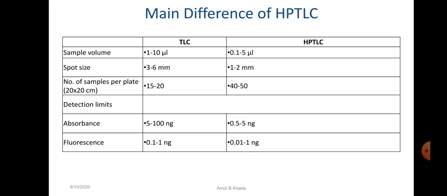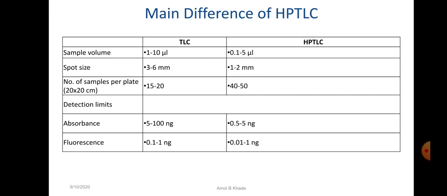The reason is that we have superior detection methods in HPTLC. When we talk about spot size, in TLC the spots are usually applied in a circular manner with a diameter of 3 to 6 mm, whereas in HPTLC you can spot the sample with a dimension of 1 to 2 mm.